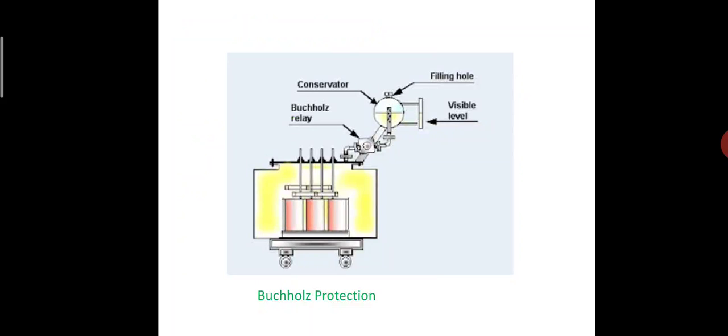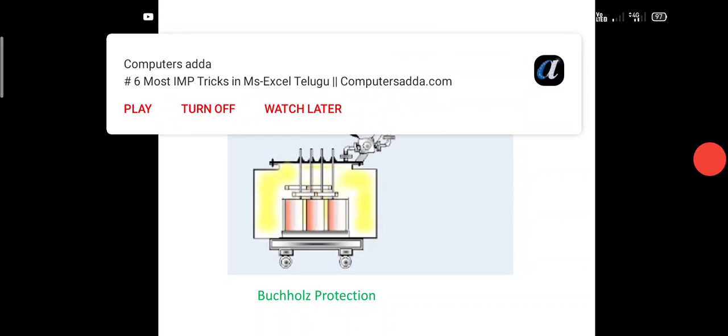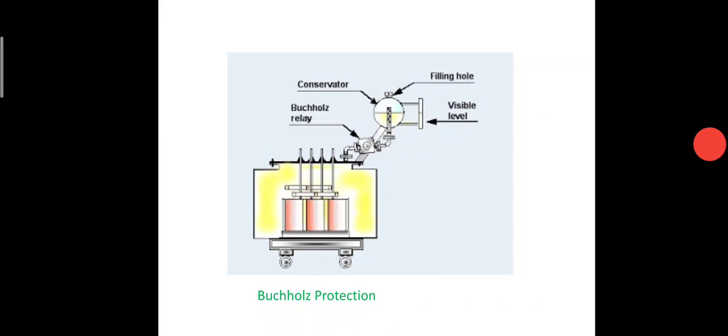Construction: it has an oil tight container fitted with two internal floats which operate mercury switches connected to external alarm and tripping circuits.